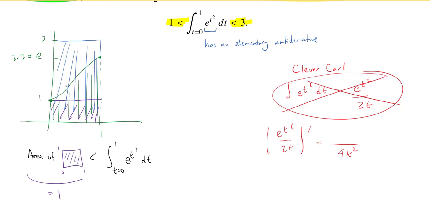I know that the area under this green curve is going to be less than the area of the blue rectangle, which goes from 0 to 1, and from 0 to 3. What is the area of a rectangle whose base is 1 and height is 3? Well, of course, it's equal to 3. So there we go. The area of the smaller rectangle is less than the integral, which is less than the area of this bigger rectangle. 1 is less than the integral is less than 3.